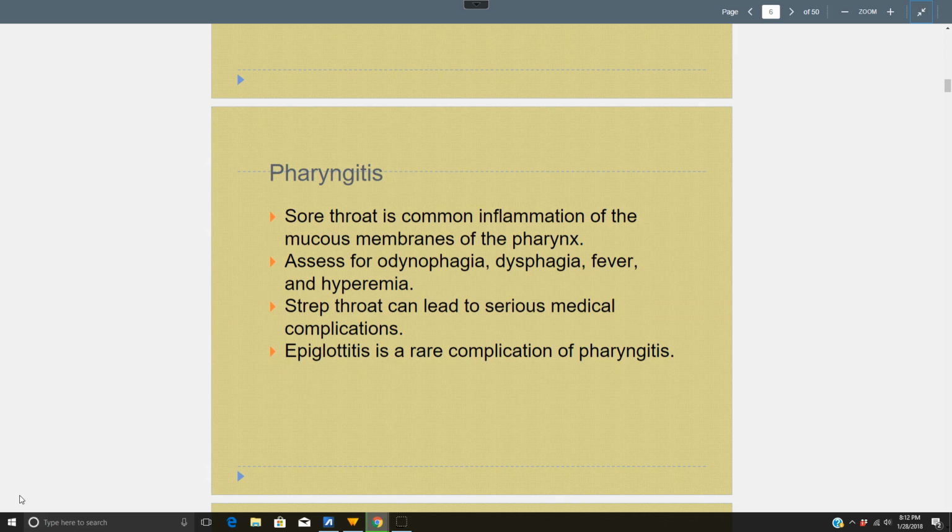It's a bacteria, so a patient needs to be on antibiotics and to take them for the prescribed amount of time that they have been issued, to make sure that we have completely eradicated the bacteria, because we know the serious complications that can occur with group A streptococcal infections: rheumatic fever, acute glomerulonephritis, peritonsillar abscesses, otitis media, sinusitis, mastoiditis, bronchitis, pneumonia, and scarlet fever, just to name a few.